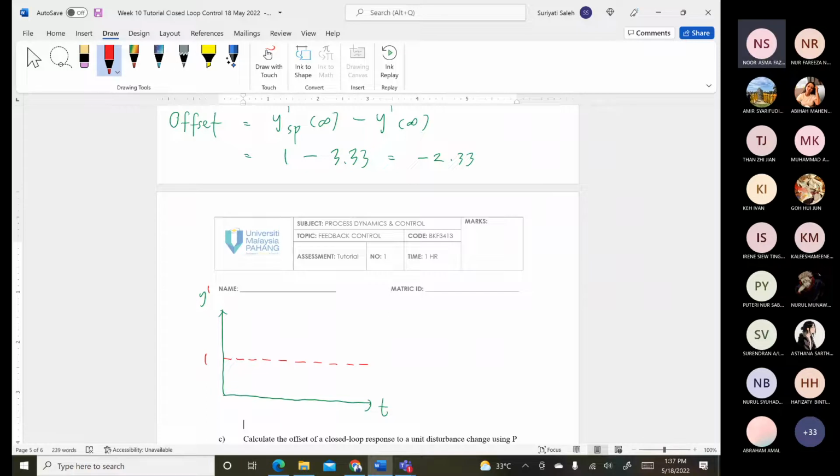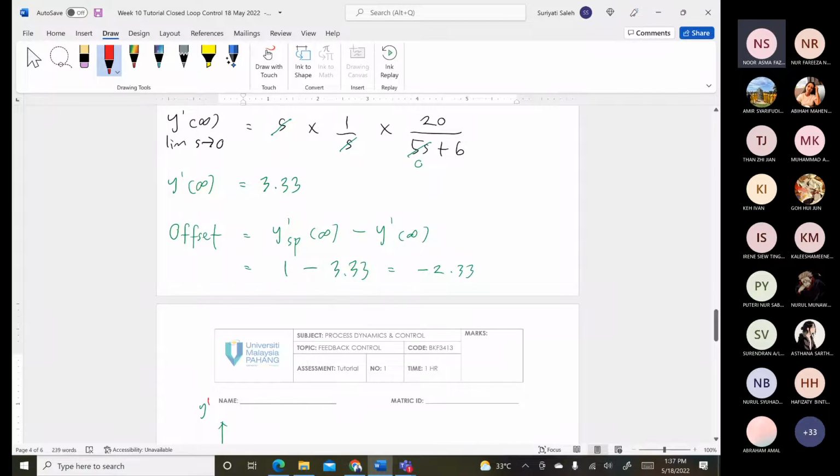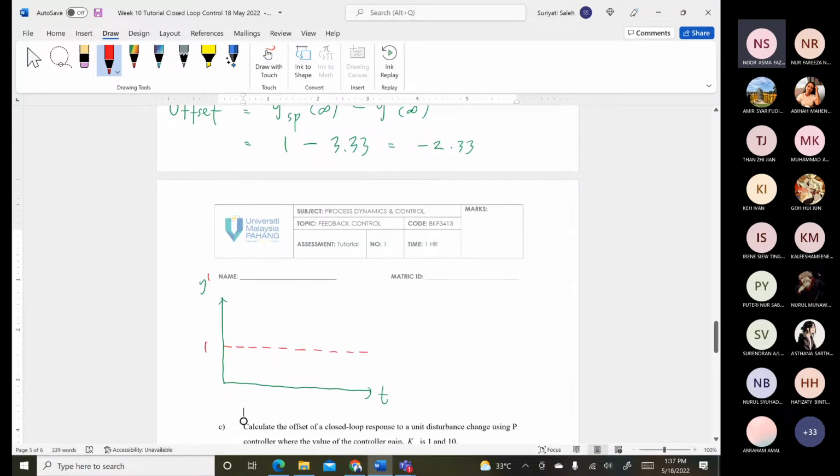The y prime infinity you get is 3.33. So your graph is like this. The value that you want to maintain is 1, but you get 3.33.